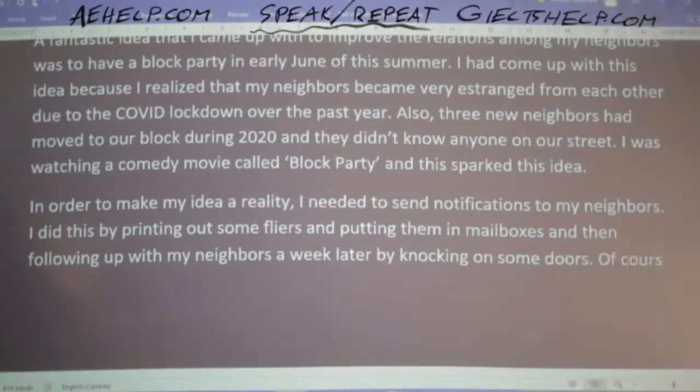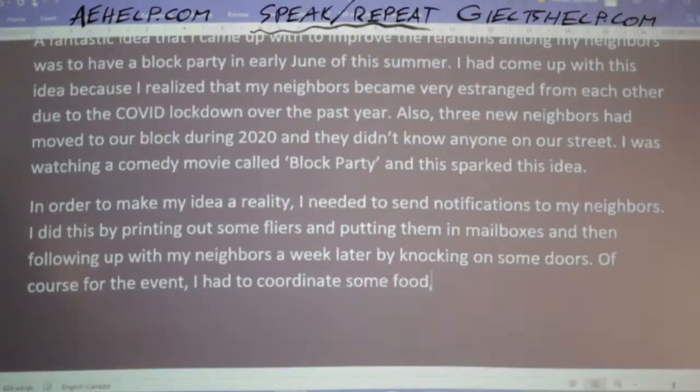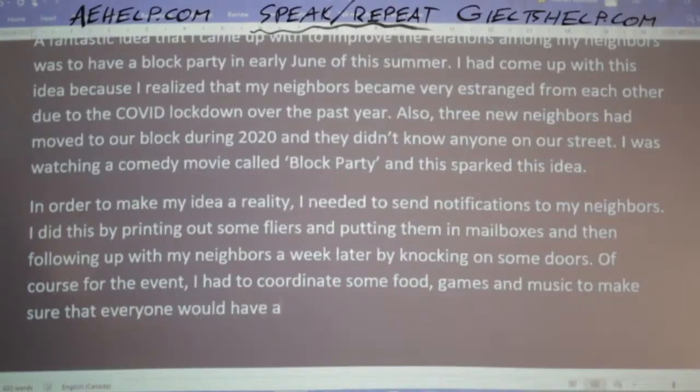Of course, for the event, I had to coordinate some food, games, and music to make sure that everyone would have a fun time. Okay? All right.